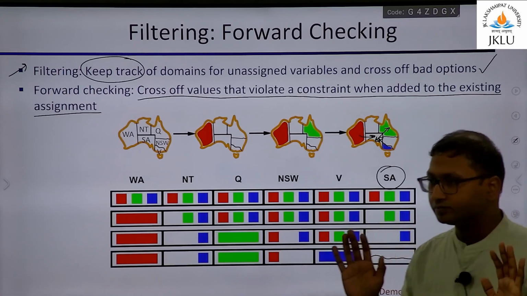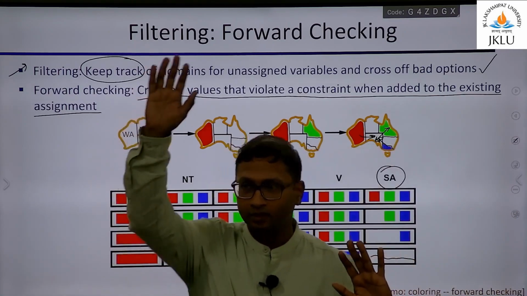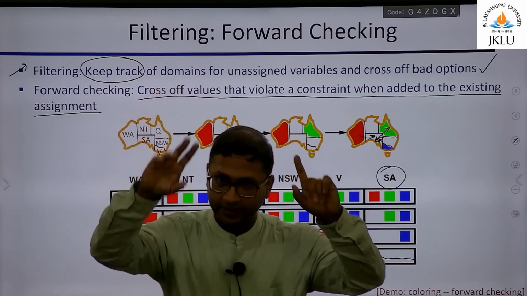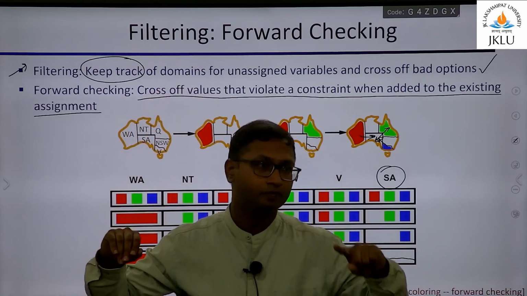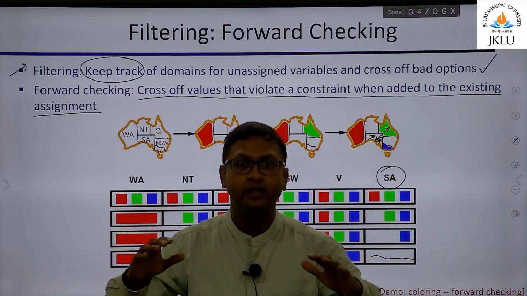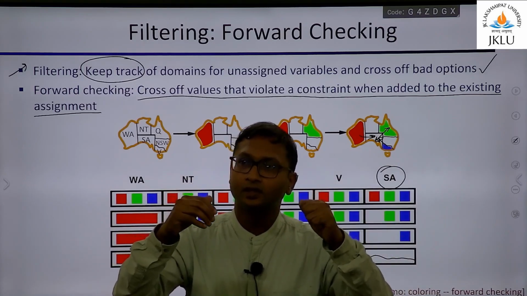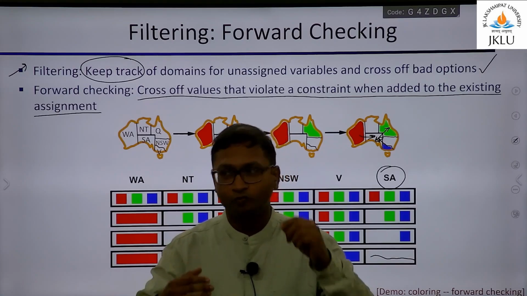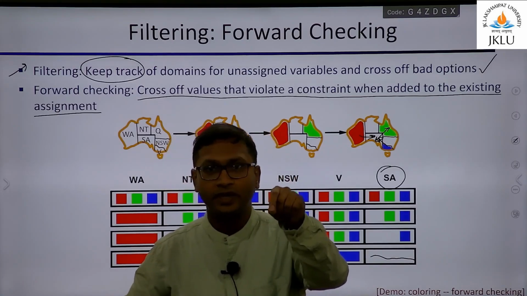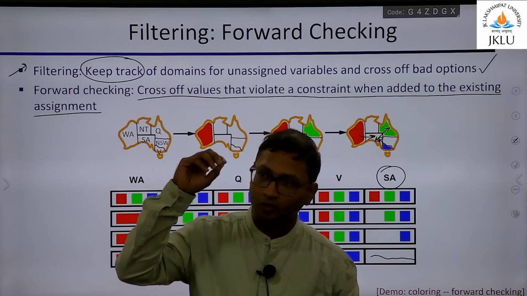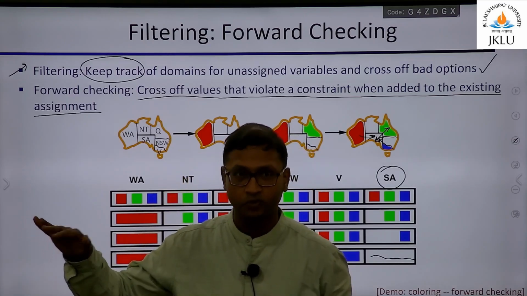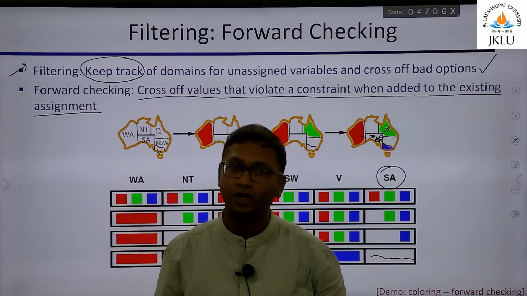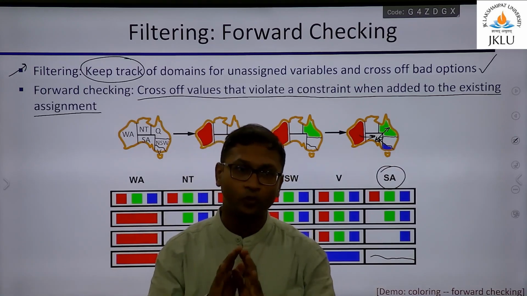What are we doing? We were doing DFS with backtracking, that was working fine, better than plain DFS. Then in DFS this question is relevant: which variable do I choose and what should be the color? So the order of variable chosen and the order of colors chosen are both important, right?